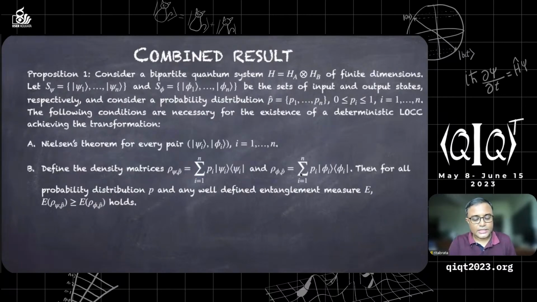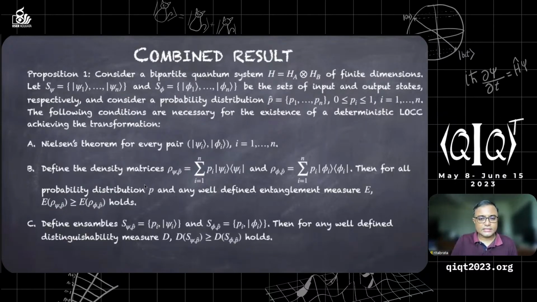So this should also hold: if there is an LOCC transformation, then the input states' entanglement should be greater than the output mixed state's entanglement. Okay, this must hold. And as you understand, this holds for every probability distribution P, whatever you can think of. Okay, so this is the second condition.